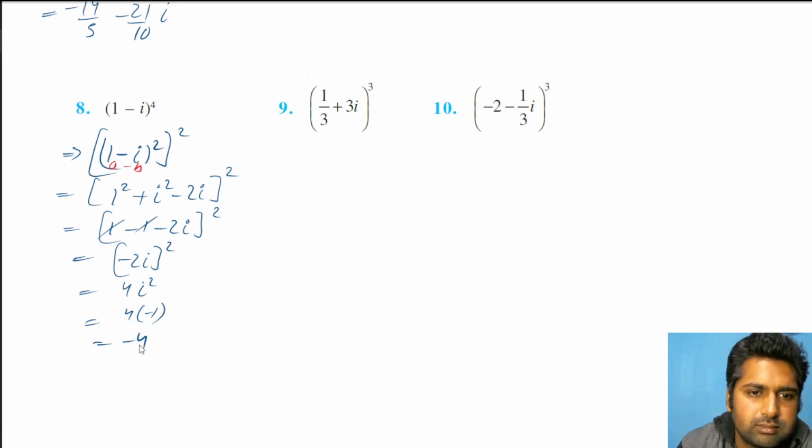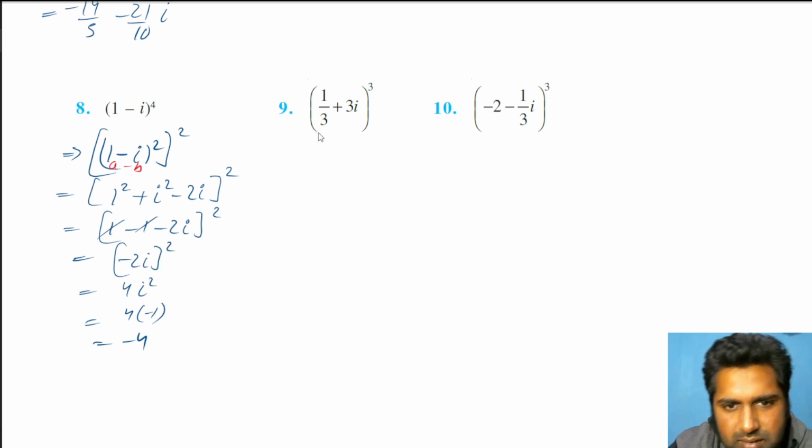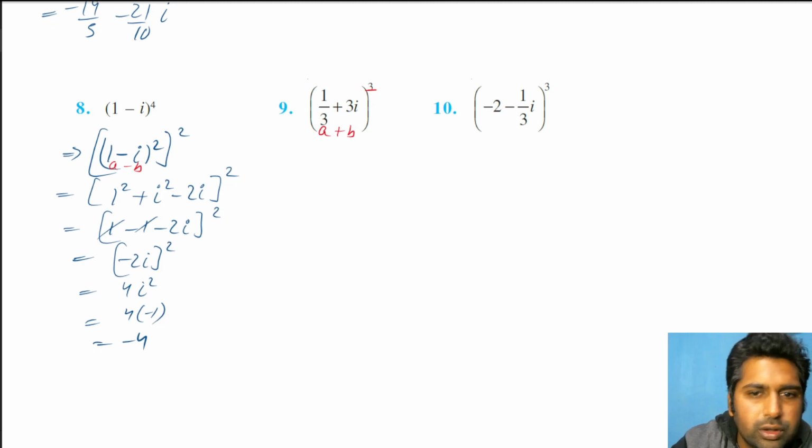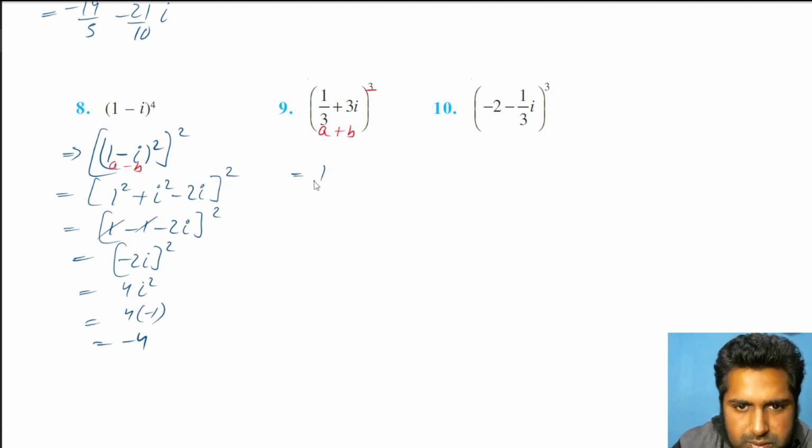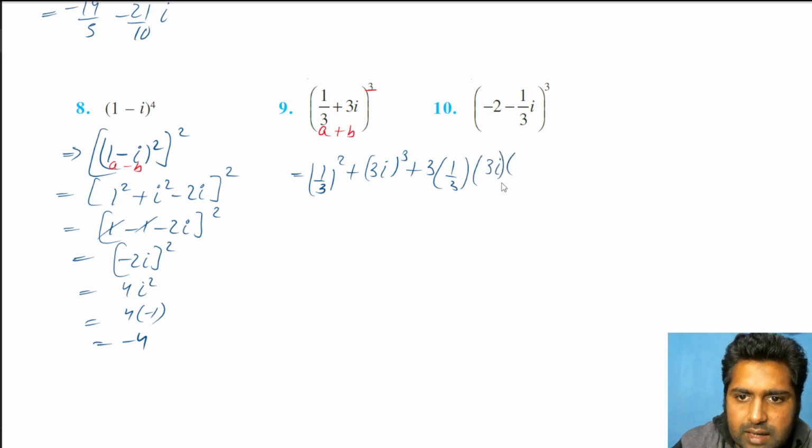Okay, next one. Again, very simple. A plus b whole cube. You know how to open whole cubes. A cube plus b cube plus 3 into a into b bracket a plus b.